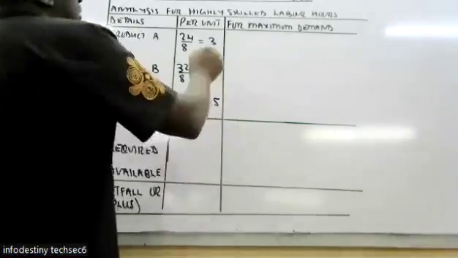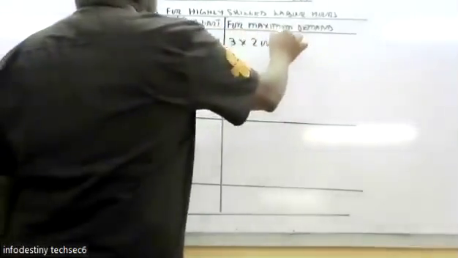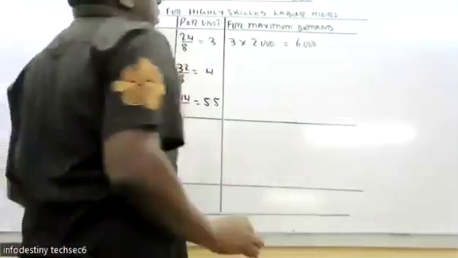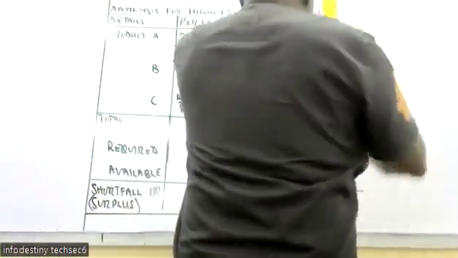So it will be 3 times 2000. That will be equal to 6000. Actually, that is the last column. We don't need another one. That should be the last column.